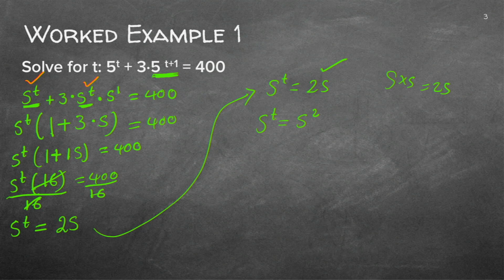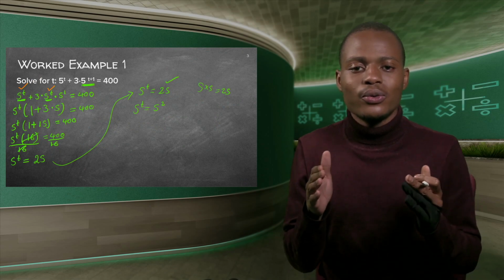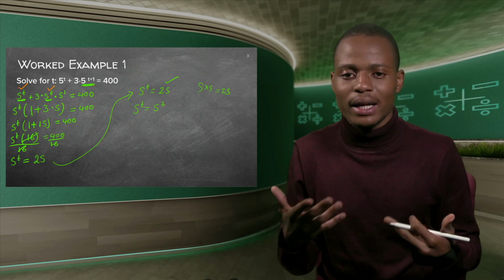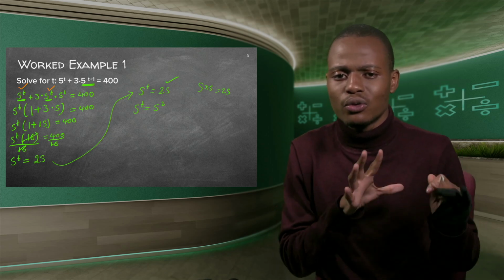So that's why 5 to the power of 2. Before we actually write that, we need to look at the values that you have. At this stage, do you have anything else to simplify, yes or no? As you can see, we don't have any more simplification to do.